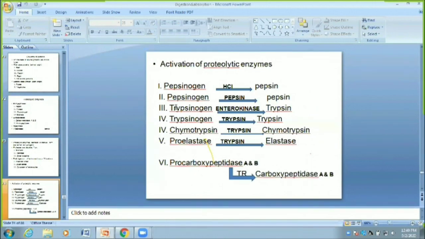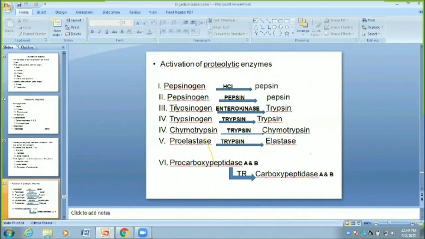The same story takes place in the case of trypsinogen, but trypsinogen is converted to trypsin by enterokinase, not hydrochloric acid. Enterokinase is a constituent of succus entericus. Small quantities of trypsin convert trypsinogen to trypsin. This is another example of autocatalysis.